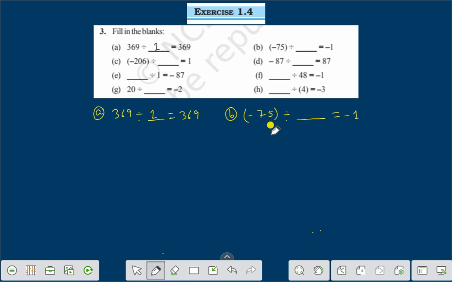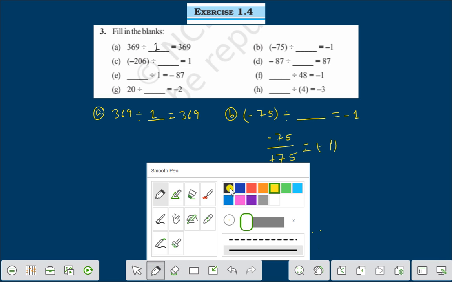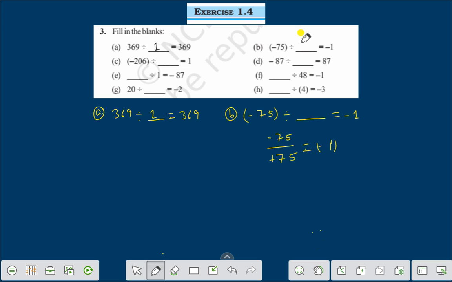Here you see, if we divide minus 75 by plus 75, 75 divided by 75 is 1, and minus divided by plus is minus, right? Therefore the answer is plus 75. Minus 75 divided by plus 75 gives us minus 1, right?